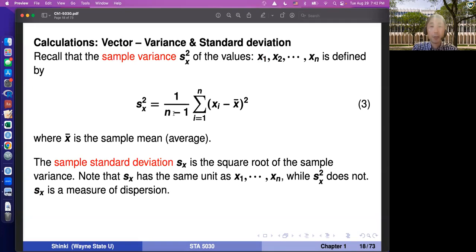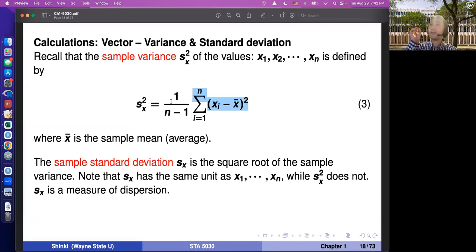But if we use n as a denominator, then s sub x squared becomes 0. If n is equal to 1, we only have x1, and the average is also x1. If we subtract, we get 0, then the summation is 0, then 1 over 1 is 1, and 1 times 0 is 0. So s sub x squared is equal to 0, right?